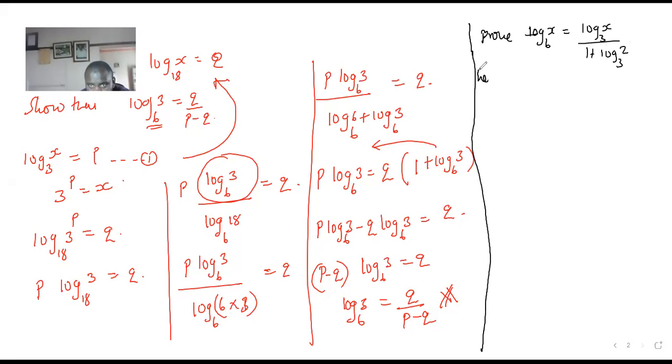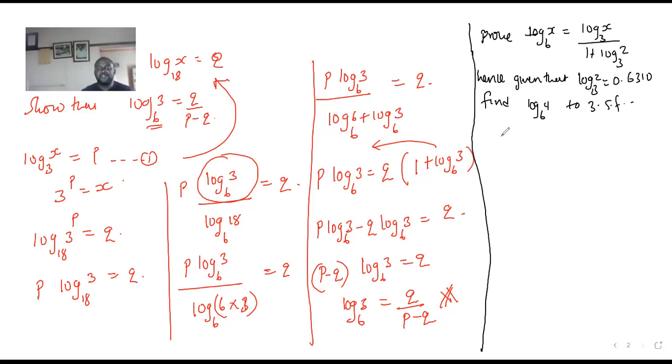Hence, given that log of 3 over 2 is 0.6310, find log base 6 of 4 to 3 significant figures.